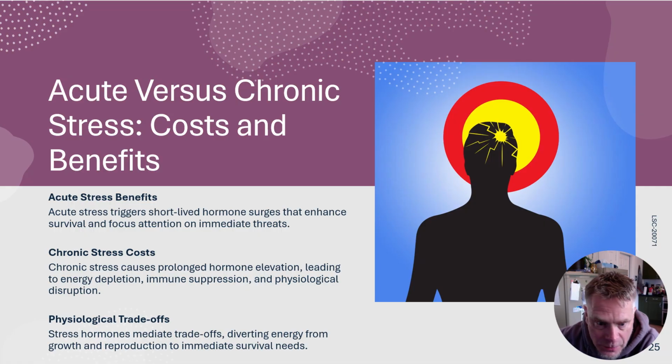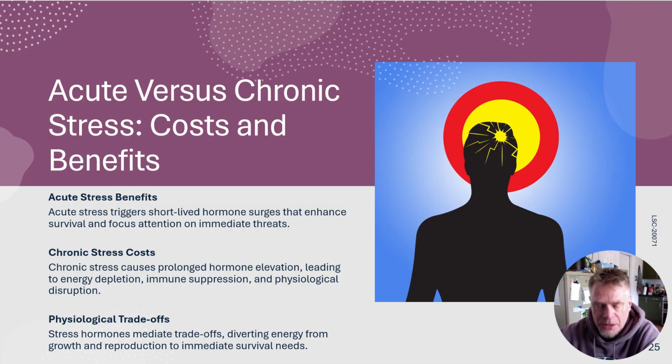So now let's consider acute versus chronic stress, costs and benefits. Acute stress triggers short-lived hormone surges that enhance survival and focus attention on immediate threat, so that's beneficial to the organism. But chronic stress causes prolonged hormone elevation, leading to energy depletion, immune suppression, and physiological disruption.